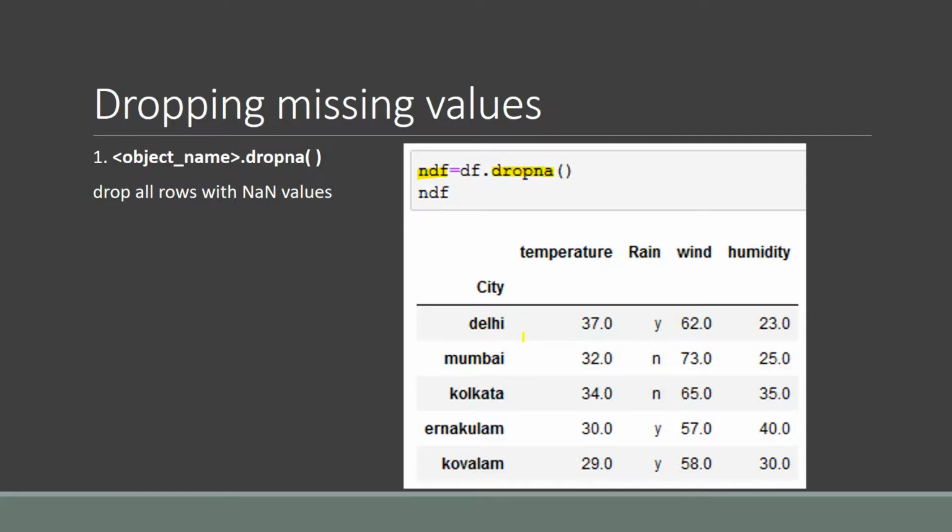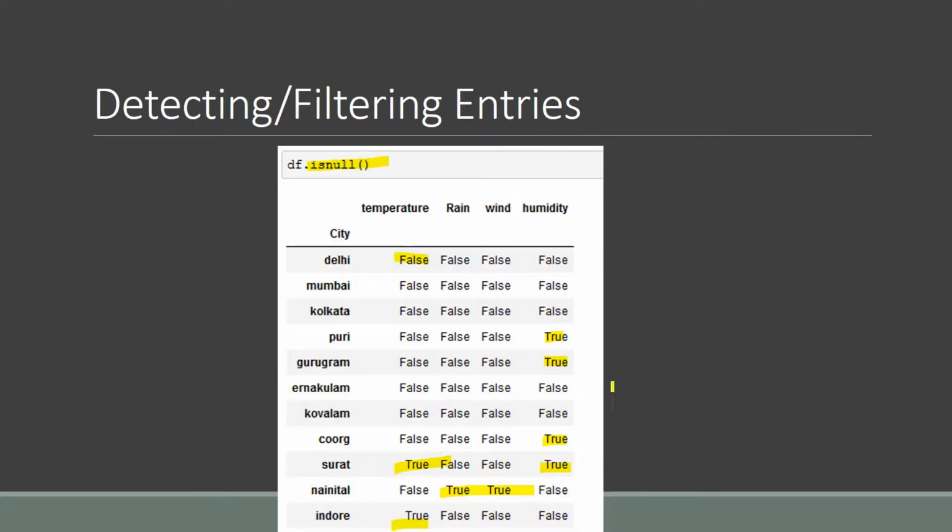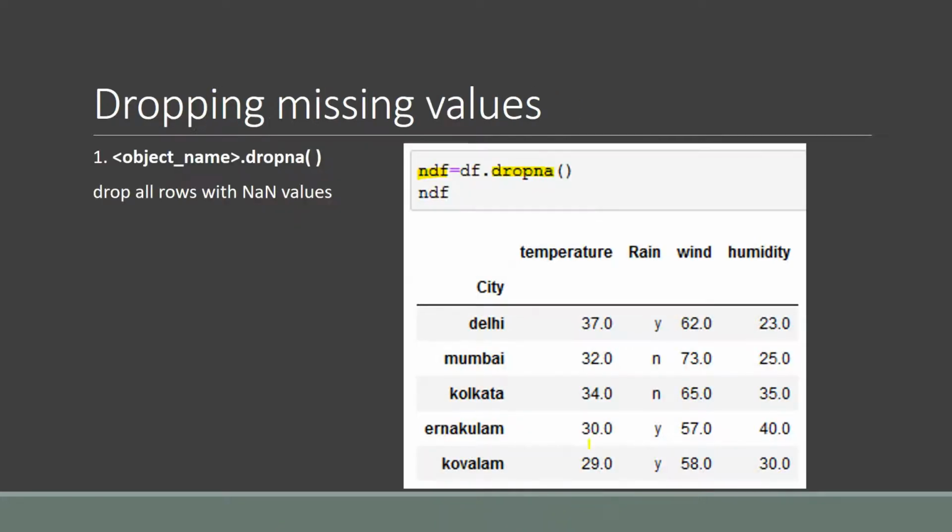You can see over here we have approximately 1, 2, 3, 4, 5, 6 and 7 rows with NaN values. So it is dropping all 7 rows with NaN values, and it gives me only those rows which do not have any NaN value.